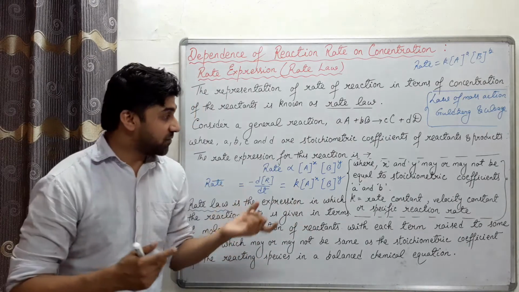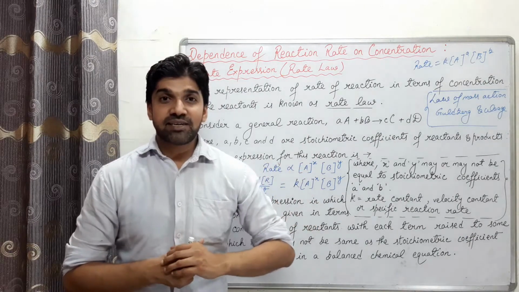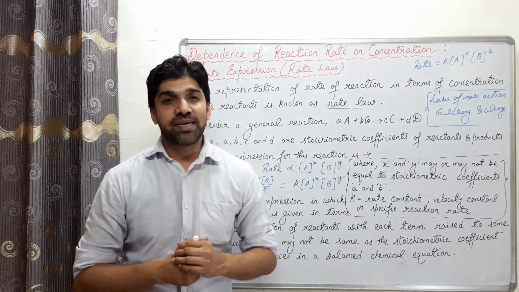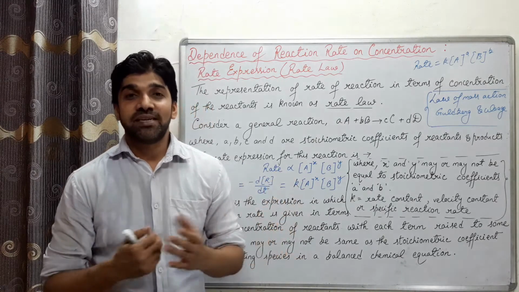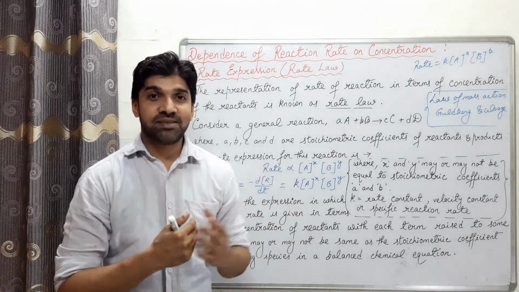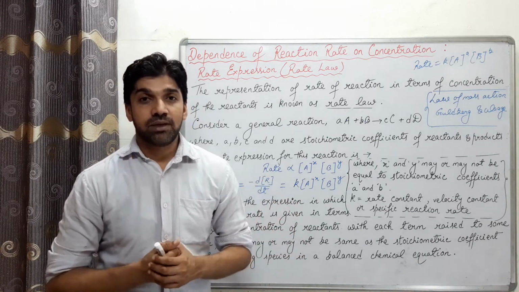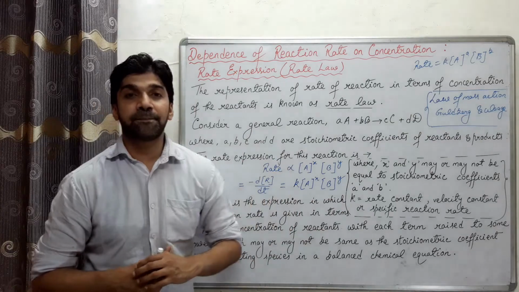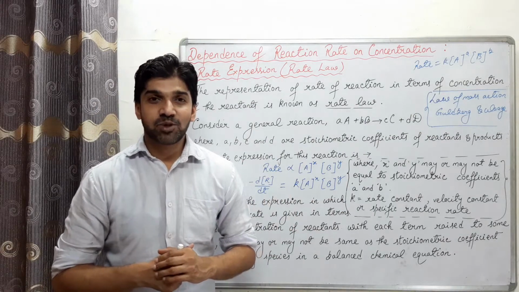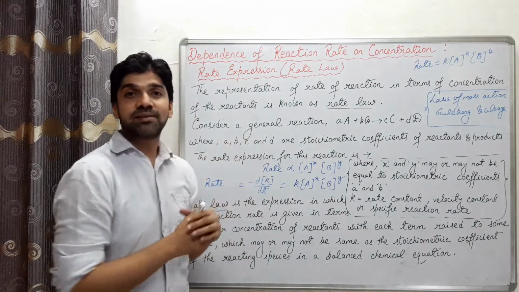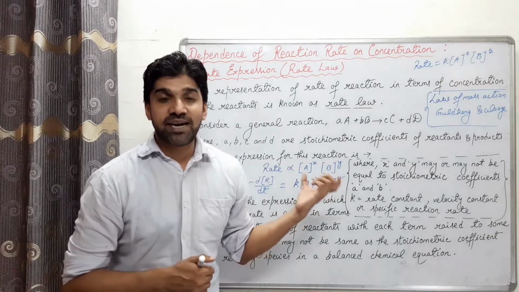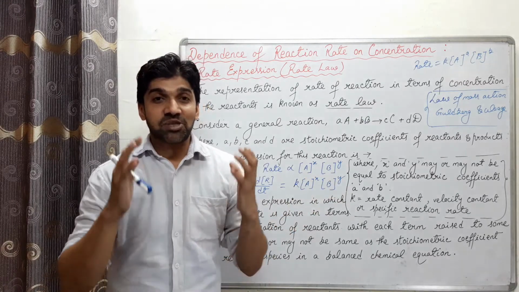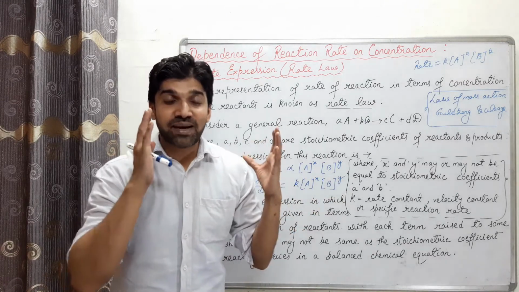But the values of x and y which are determined from experiments can be a whole number, a fraction, zero, or even negative. ठीक है. So the rate of chemical reaction in terms of rate law expression is always determined experimentally.